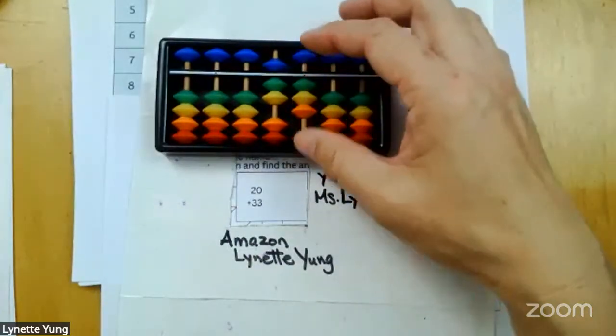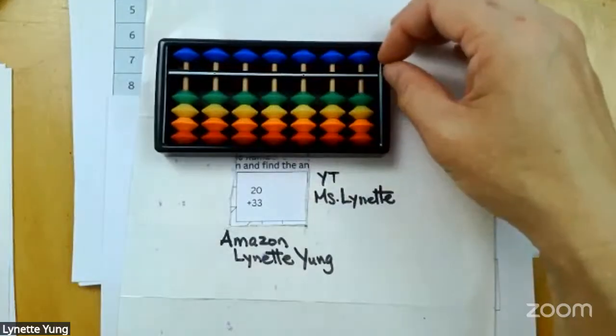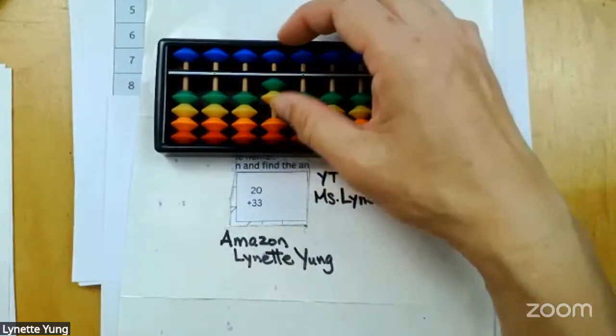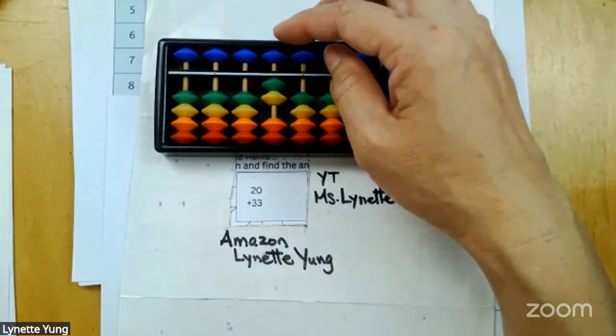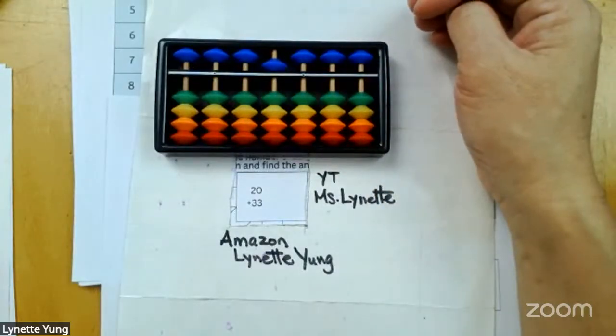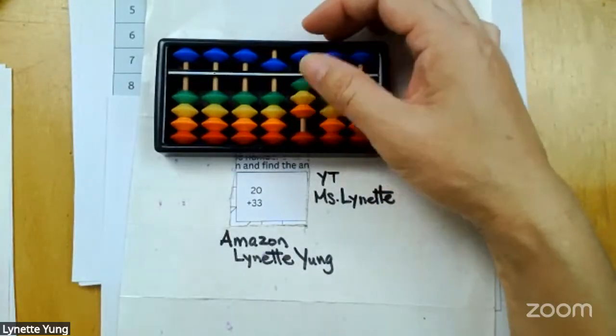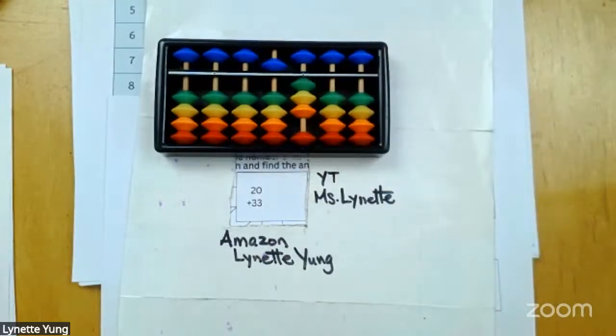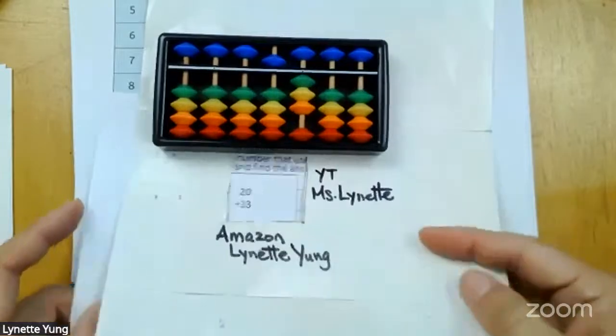So plus 3 would be plus the 5 minus the 2. Yeah. And then just plus the 3. And what's your answer? 53. Good. Next.